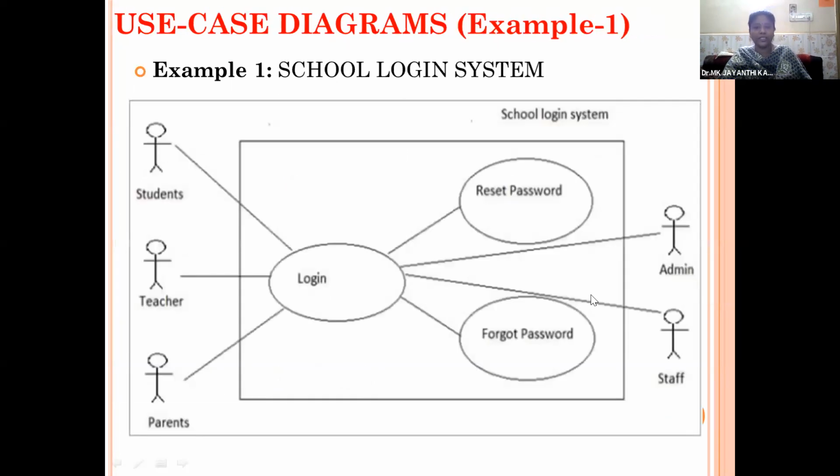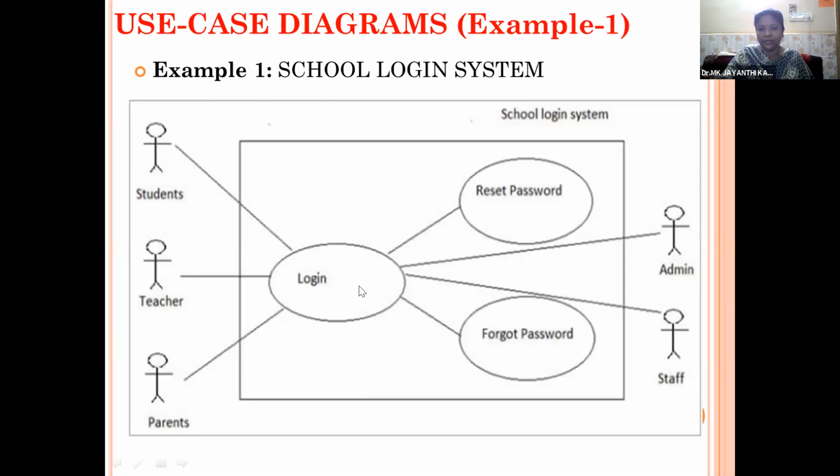For example, this diagram shows you the school login system. If you take a student registration process or a school atmosphere where the students are accessing the material, lectures and classes, how will that be represented? Here the various users will be students, teachers and parents. They are all logging into the system.